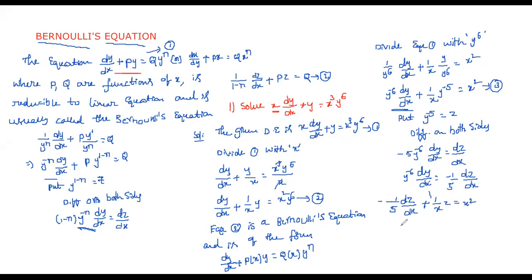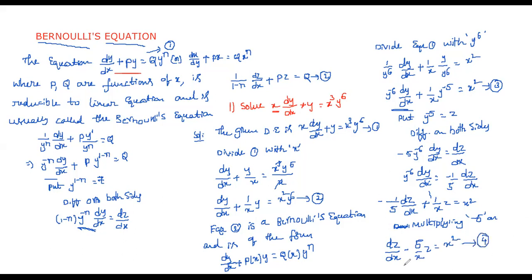Now for converting into linear, we multiply by minus 5 on both sides. Then minus 5 by minus 5 is nothing but 1. So dz by dx minus 5 by x into z is equal to x squared, and let it be taken as equation 4.